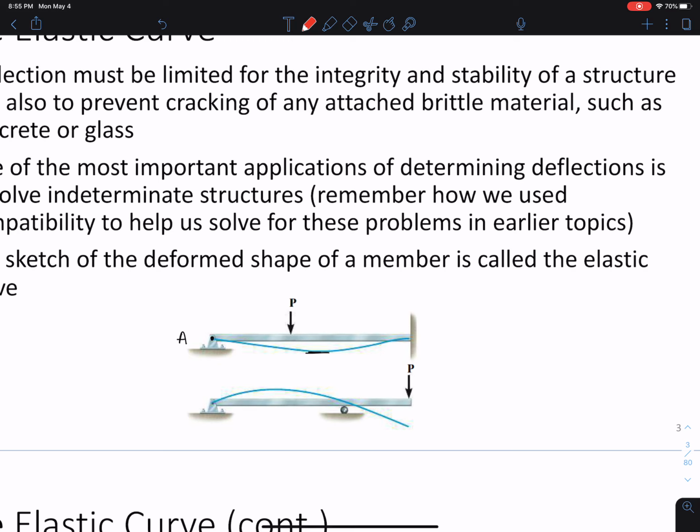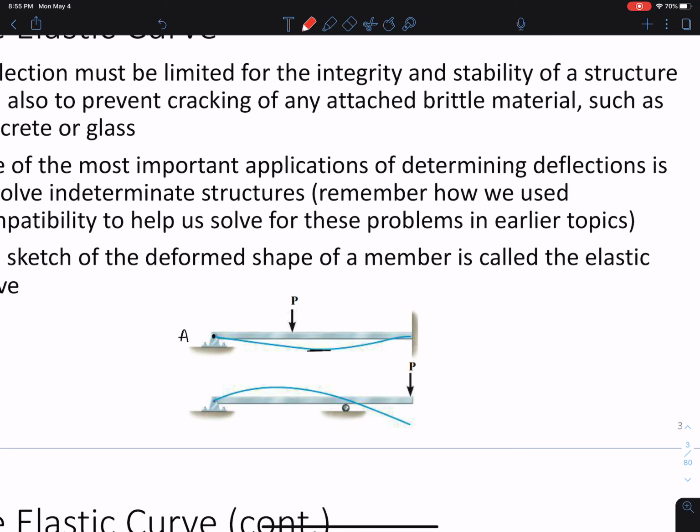So it's good to start recognizing what those support reactions mean and how you can draw what's happening in terms of loading. Okay, so let's take a look at this beam over here and let's define some things.